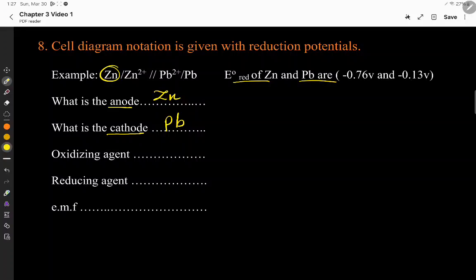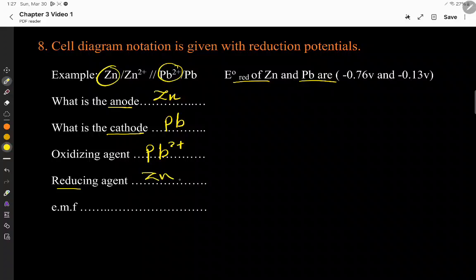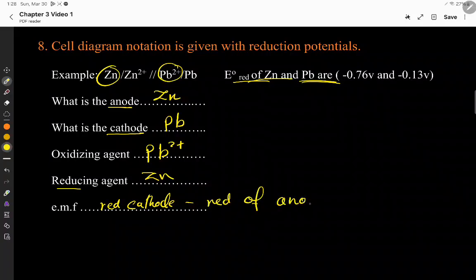The oxidizing agent is the substance which is reduced. This is the substance before the arrow which is reduced. So the oxidizing agent is Pb to positive. The reducing agent is going to be zinc. For the electromotive force, we have reduction of anode and reduction of cathode, both are reduction. So electromotive force equals reduction of cathode minus reduction of anode.